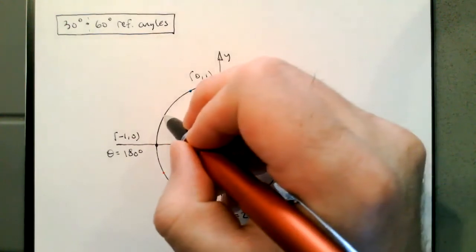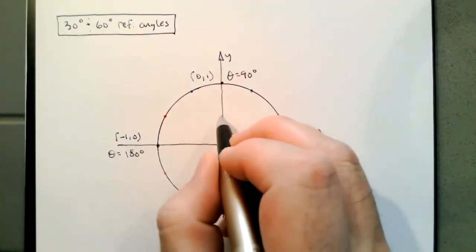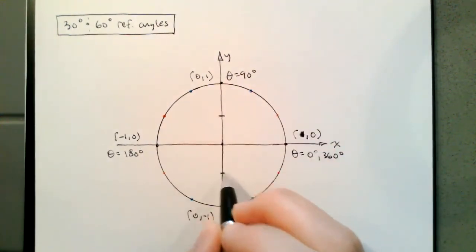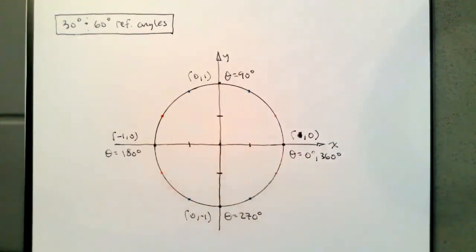If you're playing along at home, the way I'm figuring out where these angles are going to be is I'm going to look for halfway, because I know one of my values is going to be 1/2. I know that sine of 30 is equal to 1/2.